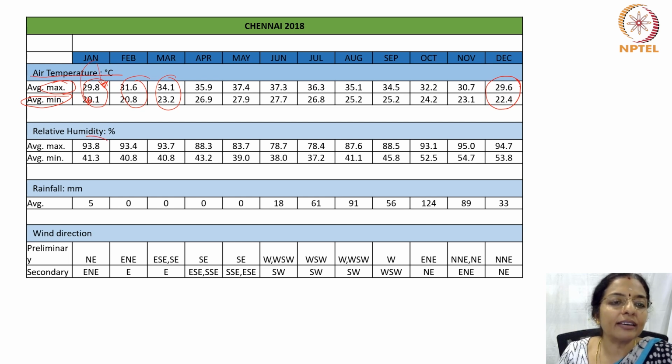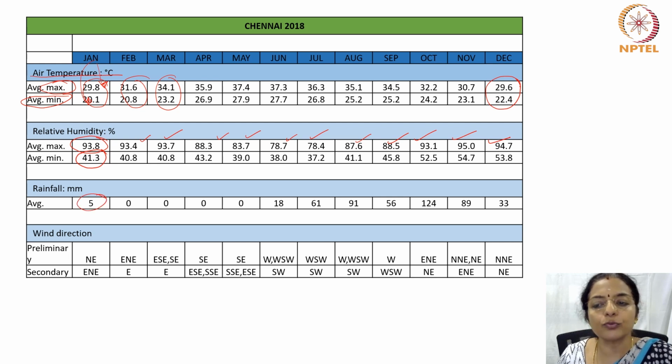Similarly, you enter the average maximum humidity and average minimum humidity for January, February, March, April, May, June, July, August, September, October, November, December. Then after that, the rainfall has to be entered in millimeters for all the 12 months.